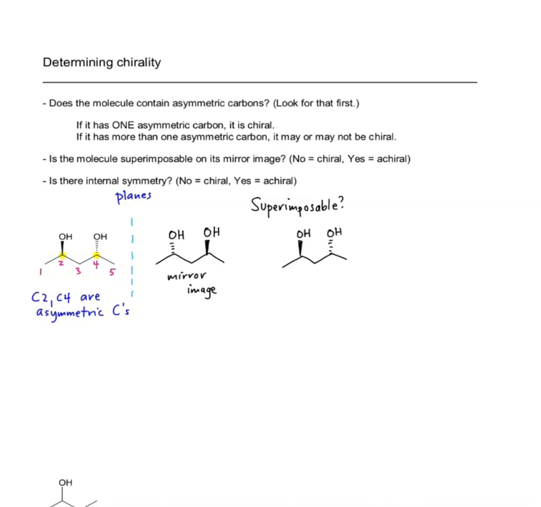And then what I'm going to do is just draw this in a different color. I'm going to try to superimpose the mirror image on top of it. Now I'm going to offset them a little bit so you can see what's going on.